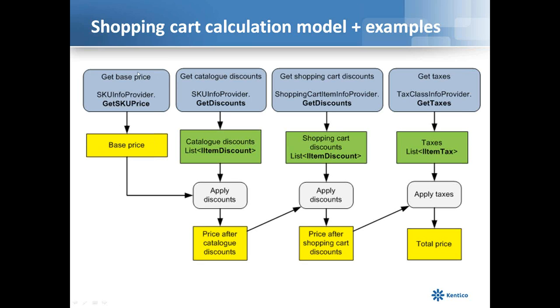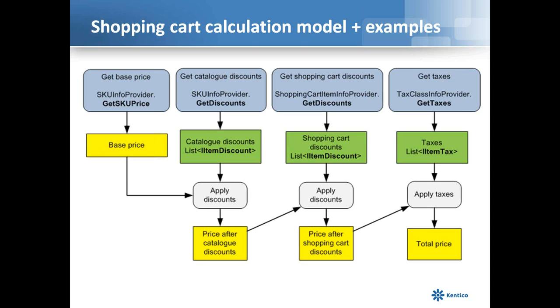So let's have a look at it in more detail. Here's the blue bubble. It says get base price. What is base price? As you know, there are a lot of fields in SKU properties, and one of them is the price field, or SKU price. It's just a text box where you can put a number, and the number says the product's price, and it's expressed in the site main currency.